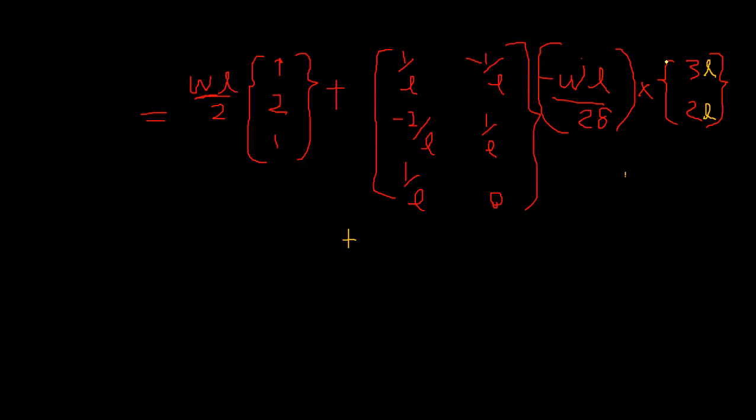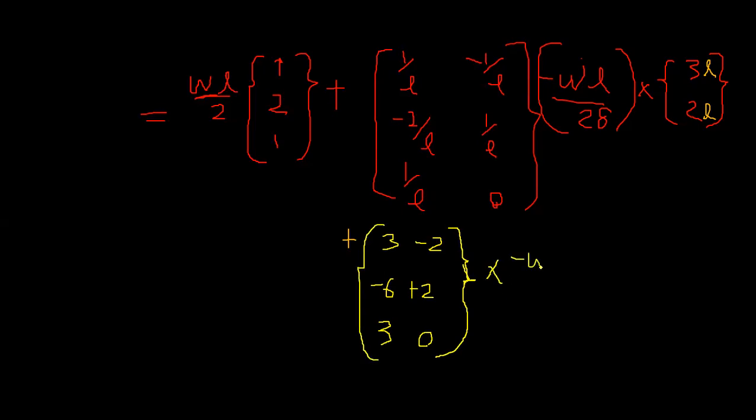So 1 over L into 3 over L, it's 3. Minus 1 over L into 2L, it's 2. So 2 over L is minus 6 plus 2, sorry, plus 3, 1 over L into 3, to 0, into minus WL over 28.